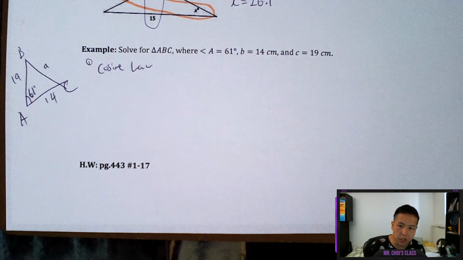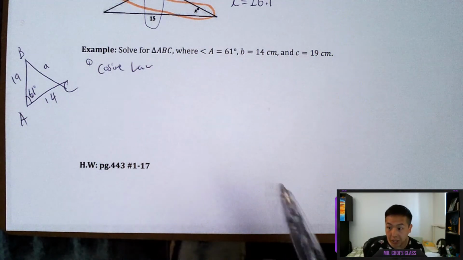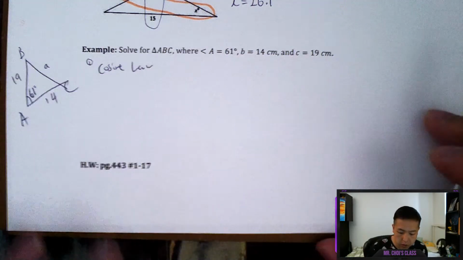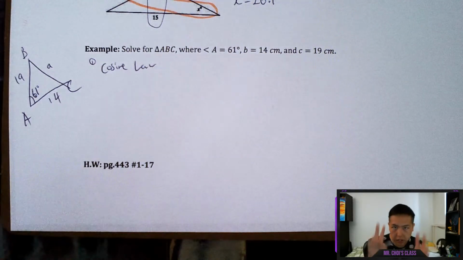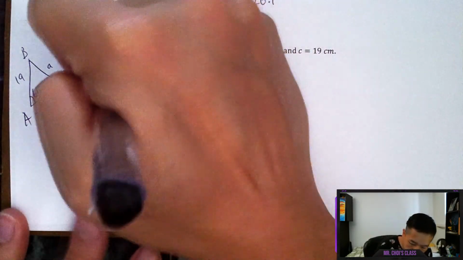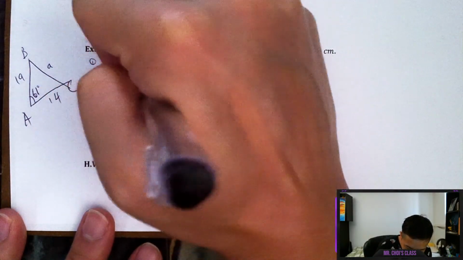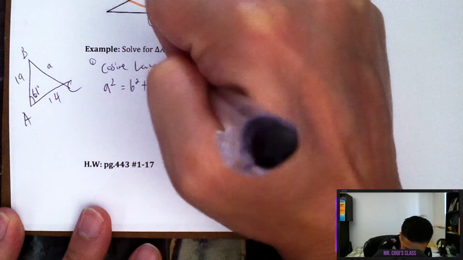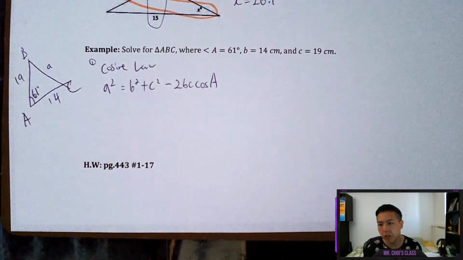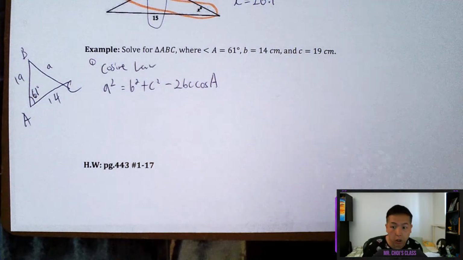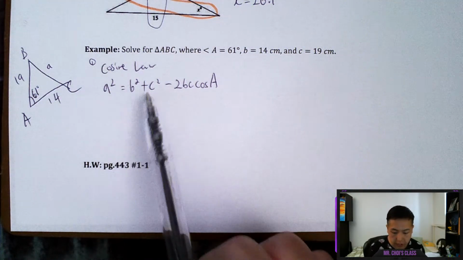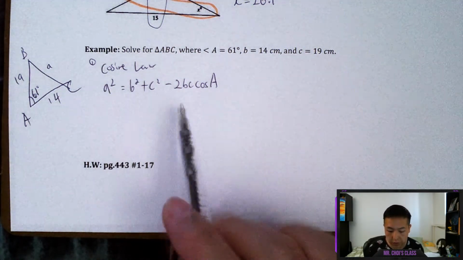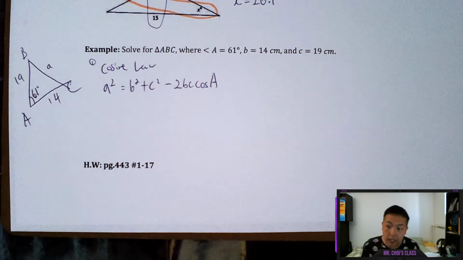So you're just adjusting the formula to the information you're given, okay? So for us, if I were to write down this new formula, notice how I write it. I haven't changed the formula. All I've changed is C and A have switched positions everywhere. That's it. Because A is what I'm solving for, right?